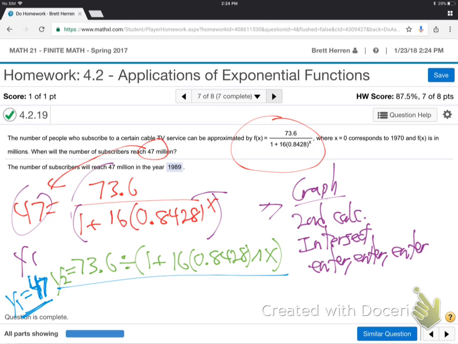Hit graph. Probably see nothing. Check your table. Adjust your window.